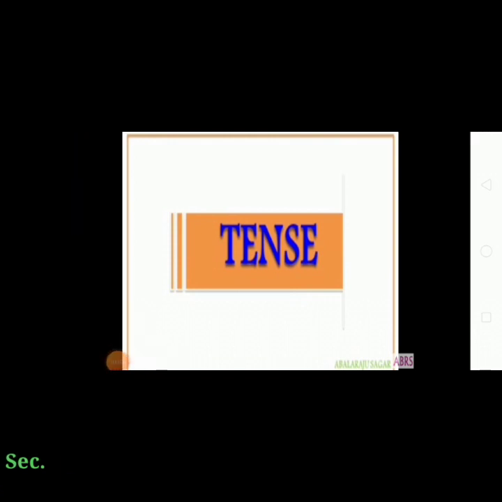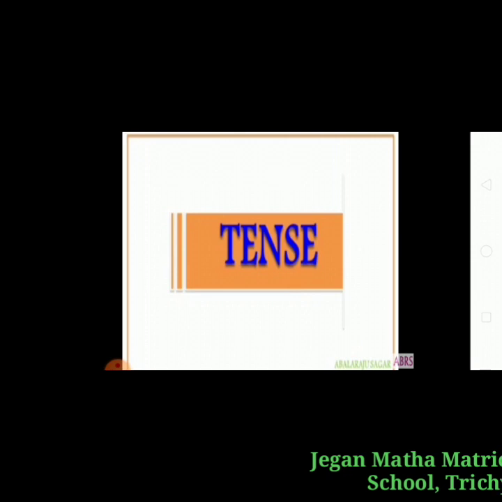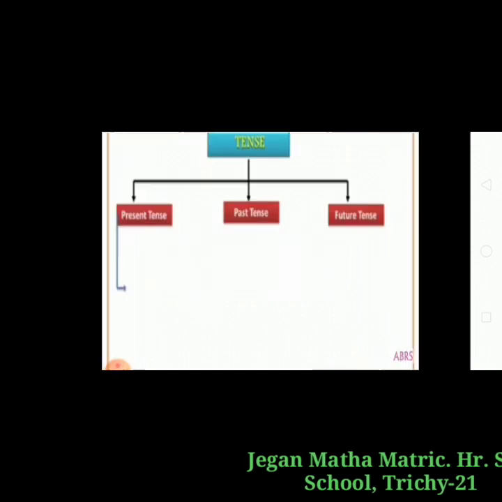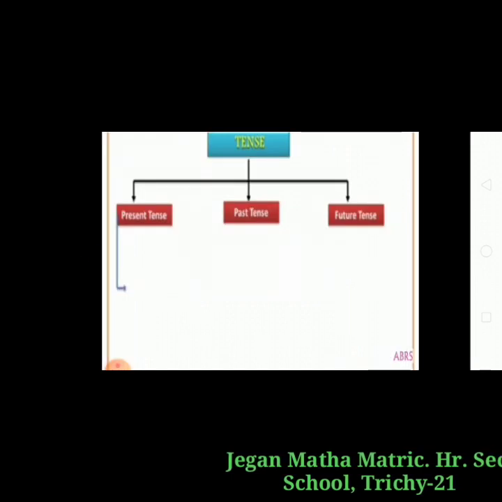Tense plays a crucial role in the English language. It denotes the time of an action, whether it takes place in the present, in the past, or will take place in the future. There are three main tenses in English.